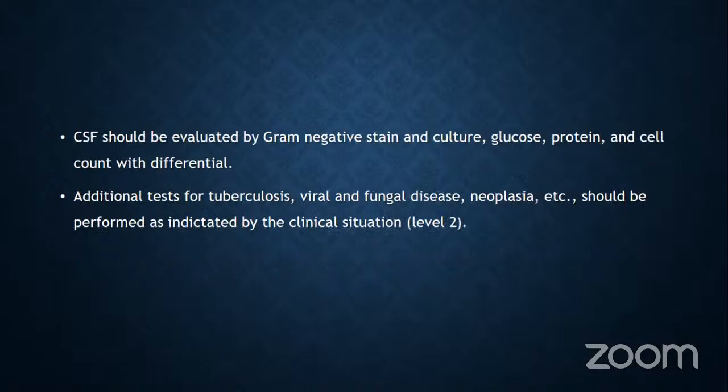CSF should be evaluated by Gram stain and culture, glucose, protein, and cell count with differential. Additional tests for tuberculosis, viral and fungal diseases, neoplasm, etc. should be performed as indicated by the clinical situation.